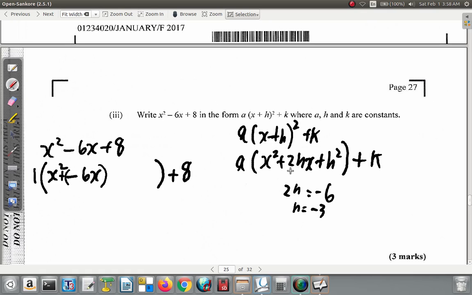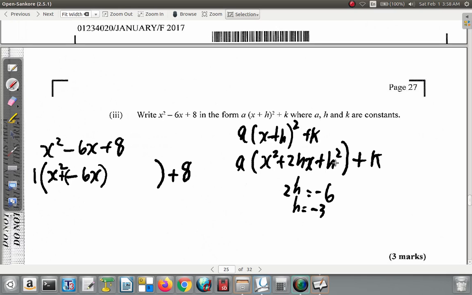So the number that multiplies x is negative 6 over here. The number that multiplies x is 2h over here. So negative 6 is 2h. 2h is negative 6. We want to find out what h is. Divide by 2 and we get negative 3.